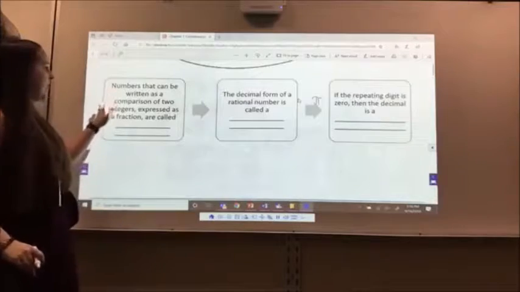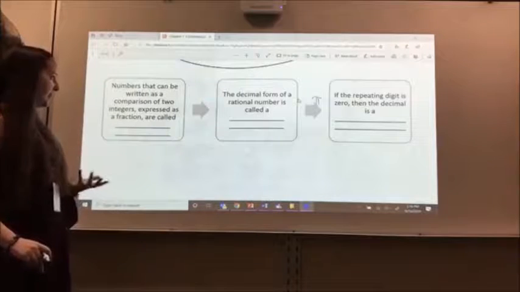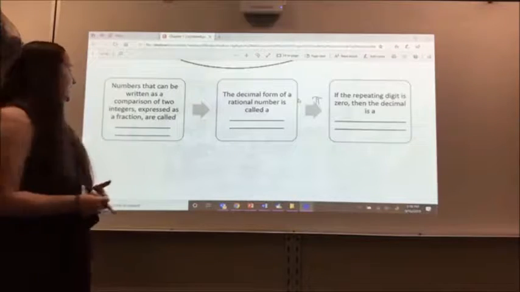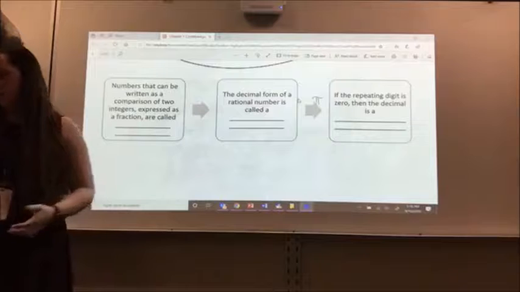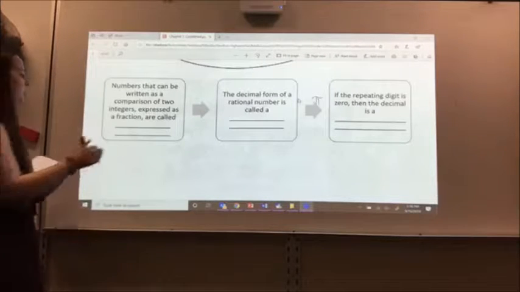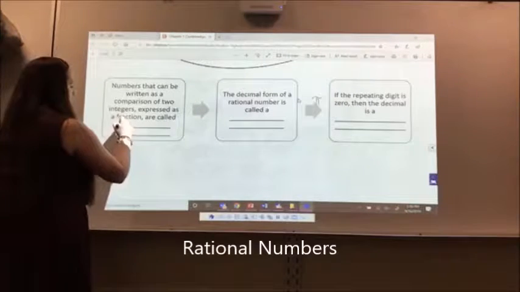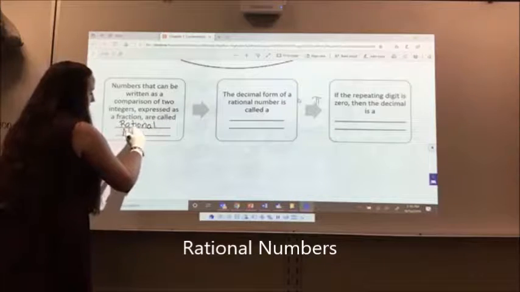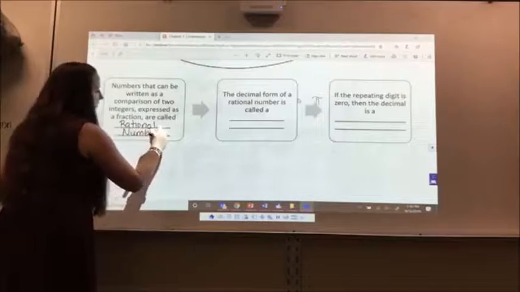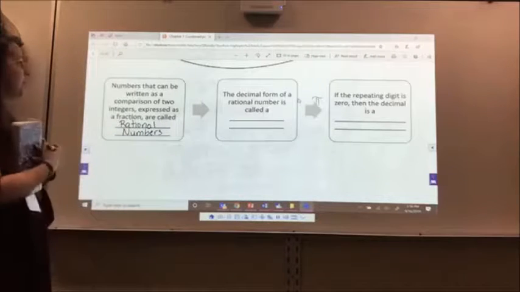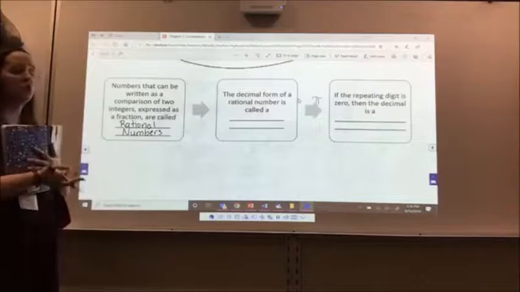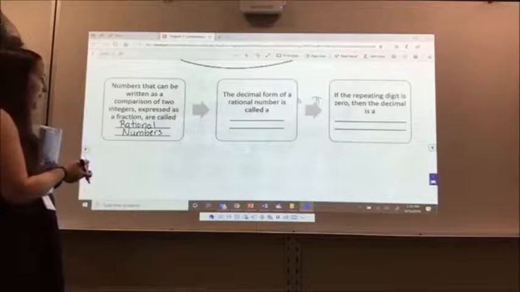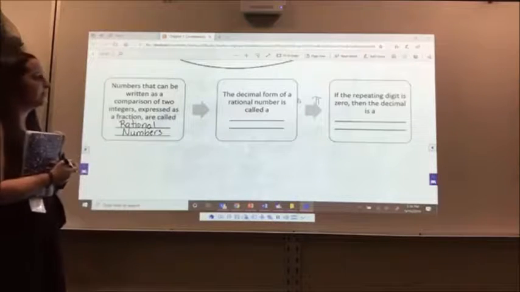Numbers that can be written as a comparison of two integers expressed as a fraction are called rational numbers.